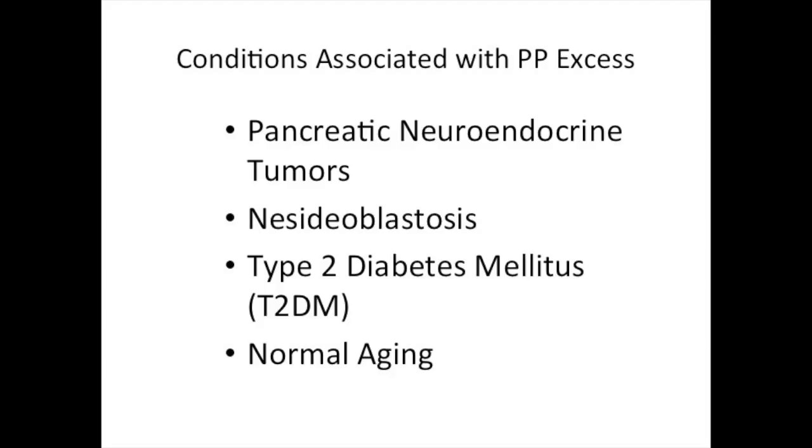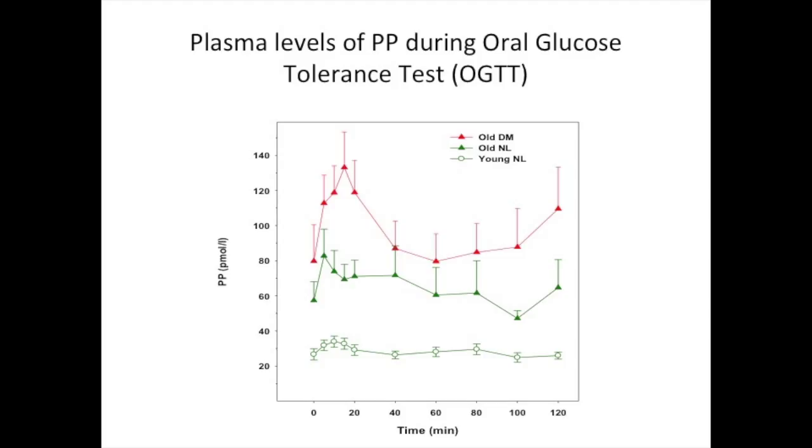And most interestingly, PP hypersecretion is characteristic of normal aging. It's the only hormone I know that as you get older, the levels go up in the bloodstream. And here's an example of a group of patients who were studied just with an oral glucose tolerance test. Here are young normal controls who have a modest rise in PP levels after oral glucose that then comes down again.